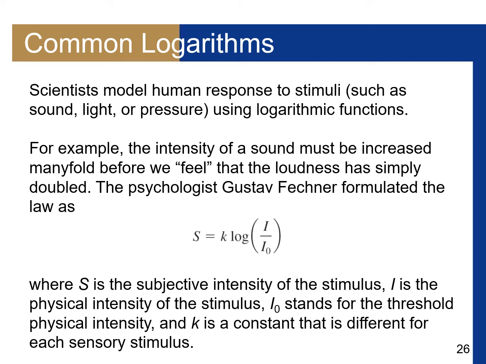So the psychologist, again, anytime somebody discovers something, we are going to give them the credit. Gustav Fechner formulated the law as this, where S is the subjective intensity of the stimulus, I is the physical intensity of the stimulus, and I sub 0 stands for the threshold of physical intensity. K would be the constant that is different for each sensory stimulus.